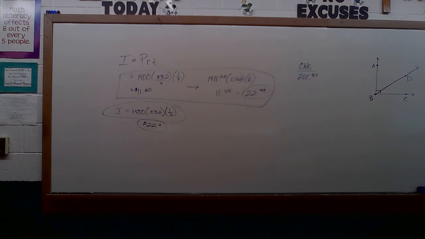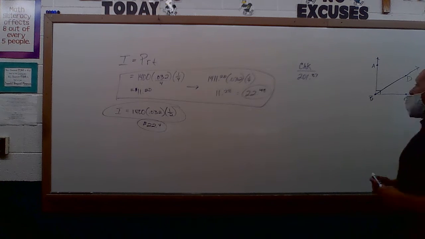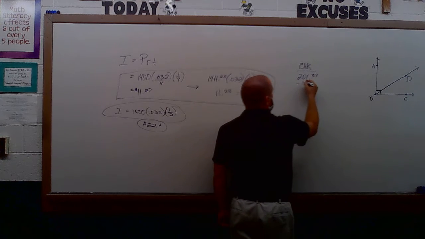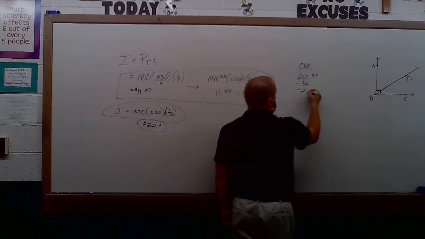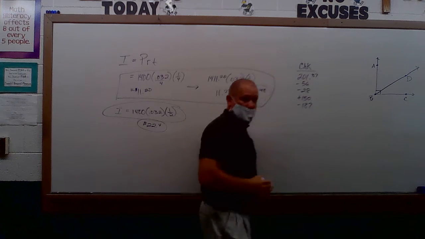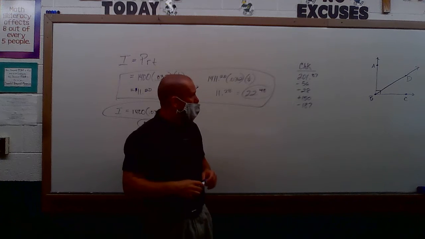So when it says she's doing it electronically, it means she's paying a bill. So I should have subtracted 56, subtracted 28, added 150, and then subtracted 187.